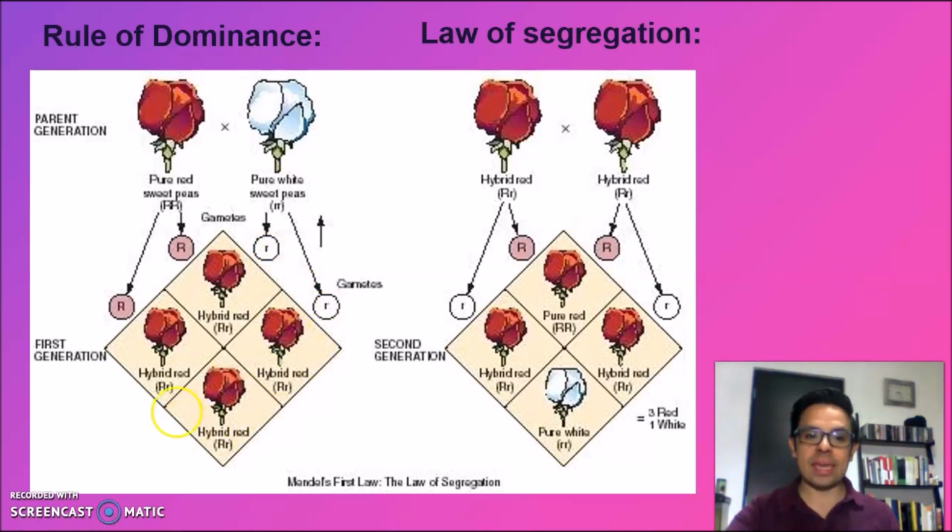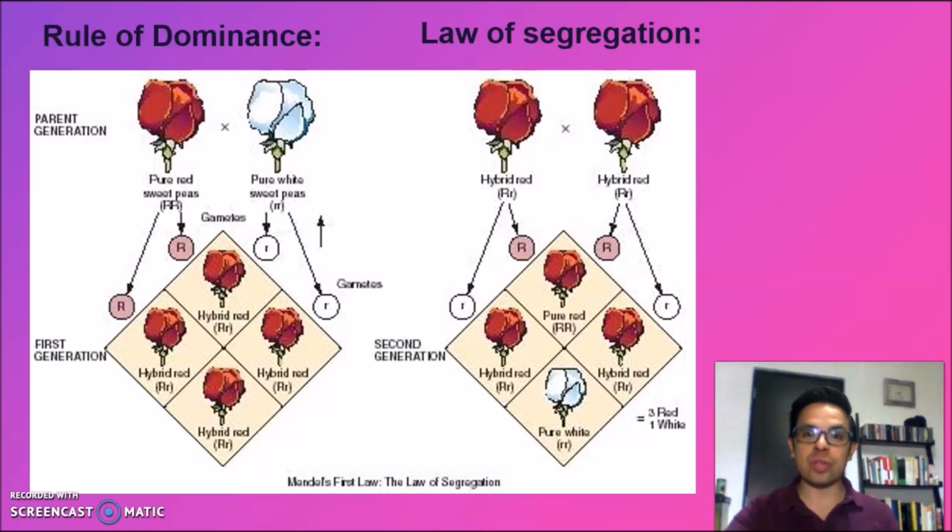All the offspring will be heterozygous, and they will have the phenotype of the dominant, because if in the genes they have at least one dominant allele, that will be the one winning the race to be expressed in the phenotype.